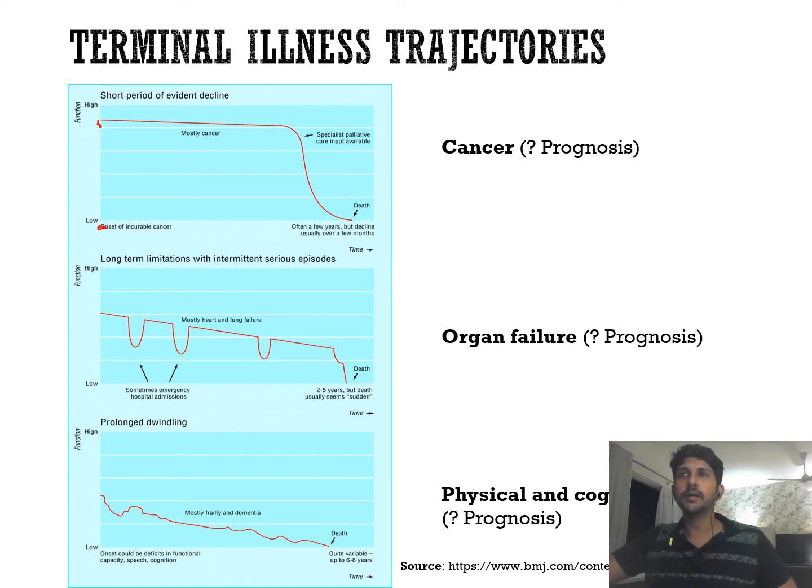So in terms of cancer, because we have done extensive research on the illness trajectories of different forms of cancer, we really know better about the prognosis of these patients.